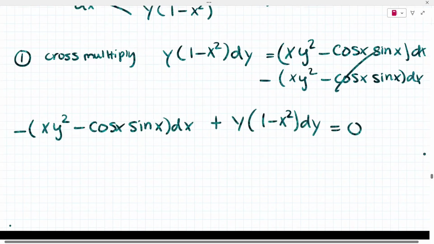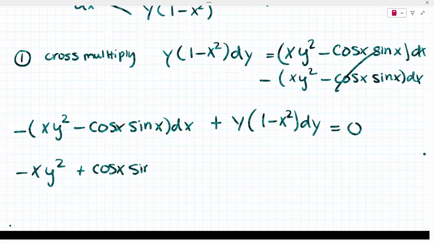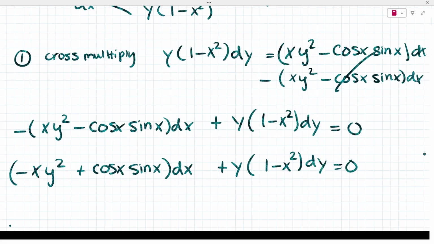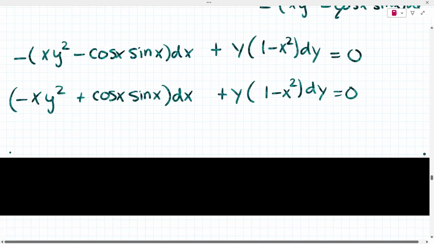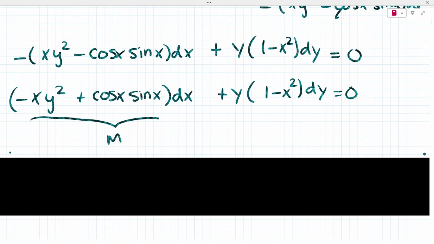If you want, you can distribute this minus, so this would be negative xy squared plus cosine of x sine of x dx. Okay. Now, is it in the correct form? It is, right? So this whole thing is your M. This whole thing is your N.